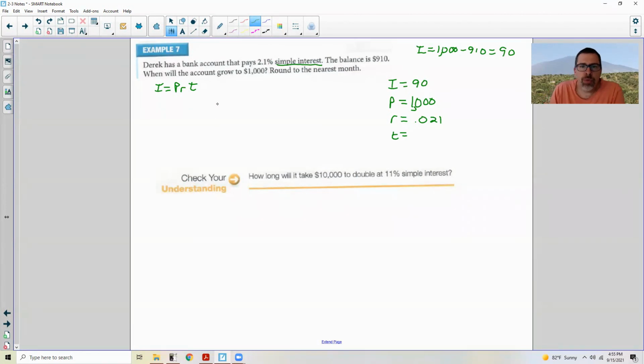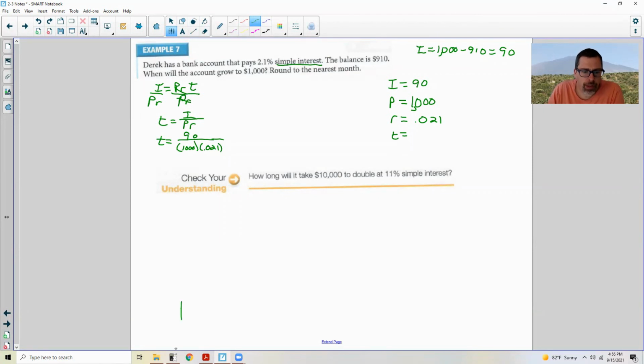So since we're trying to find time, I'm going to divide this by PR to get T by itself. These cancel, and I get T equals I divided by PR. Substitute in my givens. T equals I, which is 90, divided by P, which is 1,000, times the rate, which is 0.021.